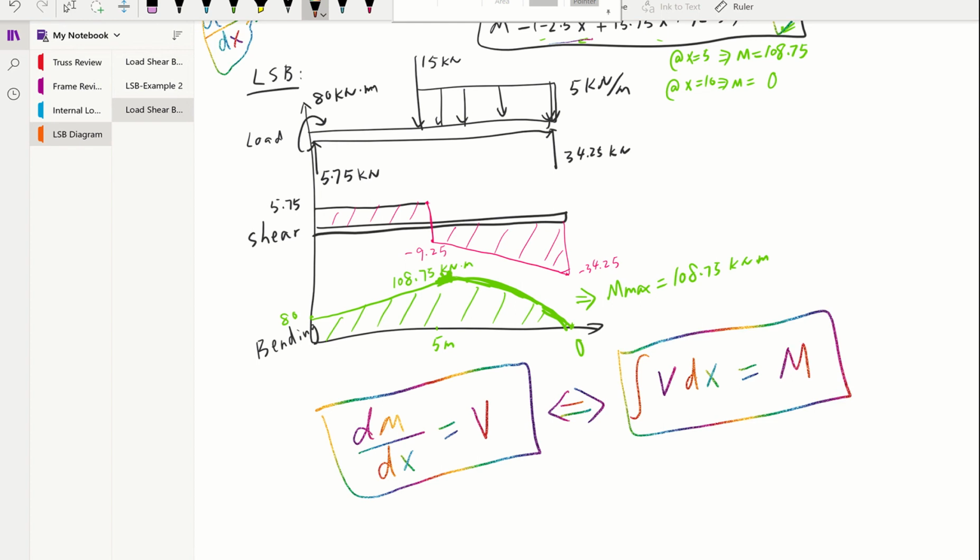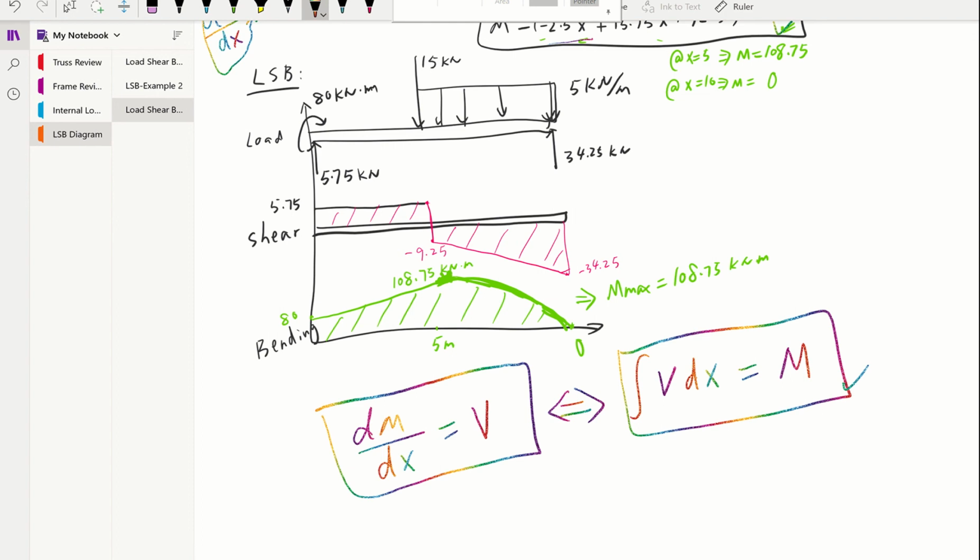So that's something very interesting, and that will lead us to the next topic in the next video. So right now, we discovered the derivative of bending is equal to shear, and in other words, if you integrate your shear, you are going to get your bending.